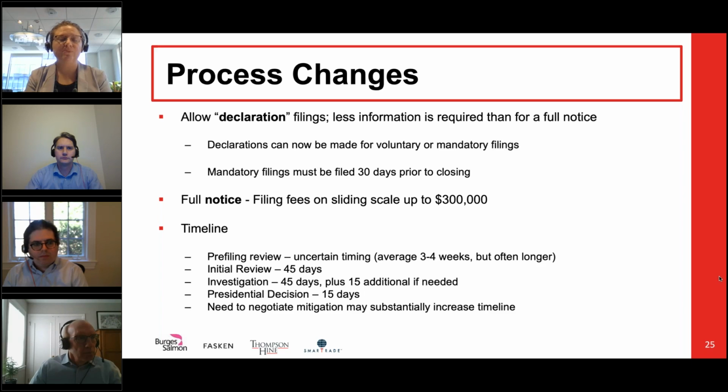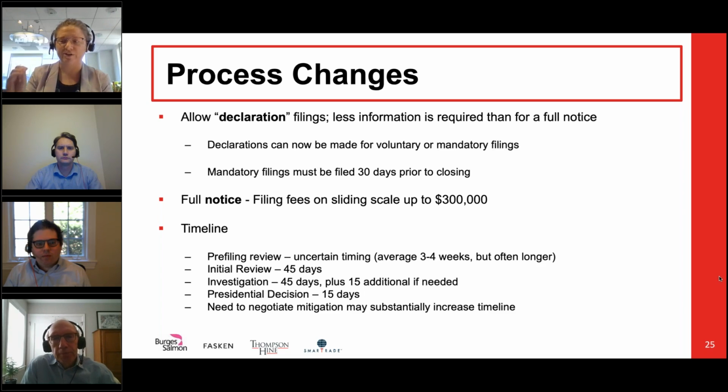I should mention also that if you elect to file a declaration, CFIUS is not obligated to give you a decision. And in fact, I was just jotting down the report from 2019, which is when the pilot program was in effect. There were only 94 declarations filed, fewer than there were notices filed. In 26 of those, CFIUS asked for a full notification.